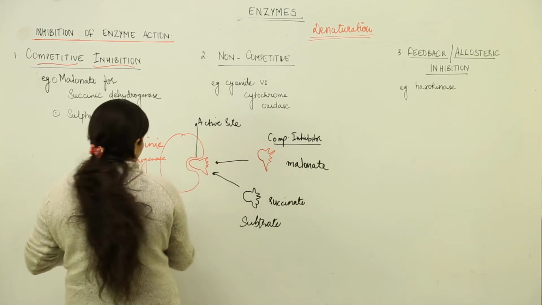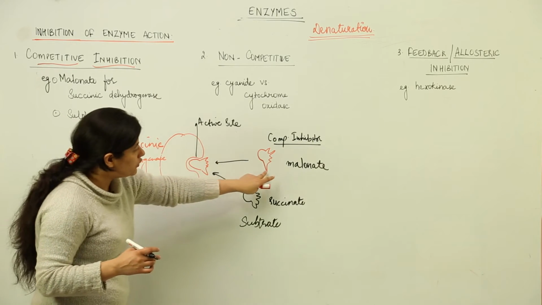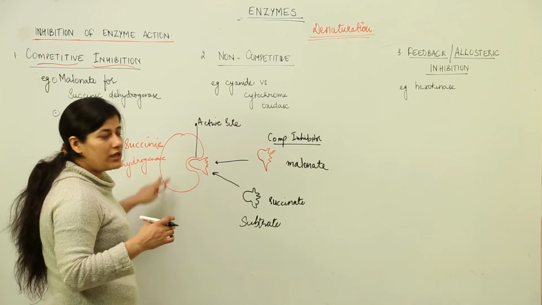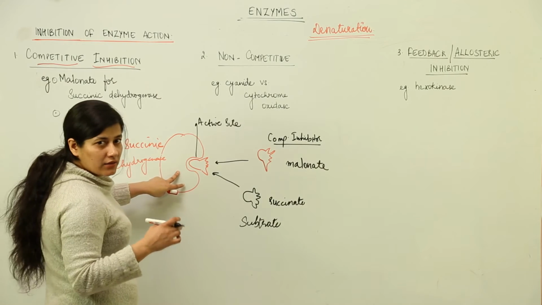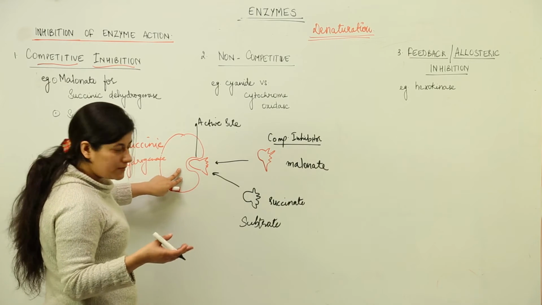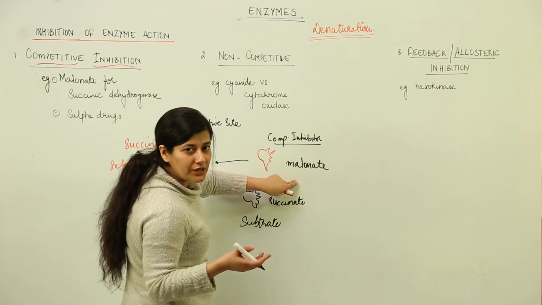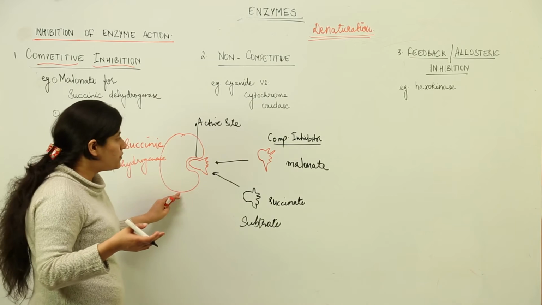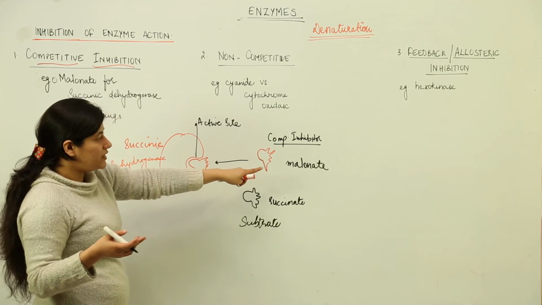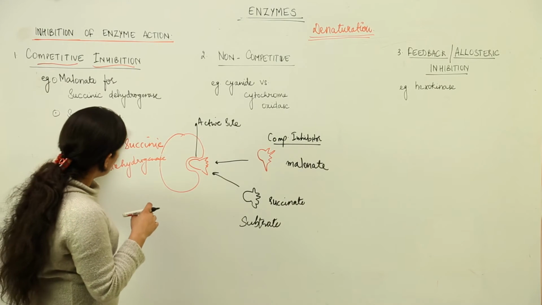So succinate has to combine with succinic dehydrogenase, but malonate comes and combines with the enzyme, and the step which was to be favored by the chemical kinetics of these enzymes is not possible, because the enzyme has been utilized by a non-productive substrate. This was not supposed to be a substrate. The entire process is futile now and the enzyme action has been stopped. So malonate has brought about inhibition of the enzyme action of succinic dehydrogenase. This is all about competitive inhibition.